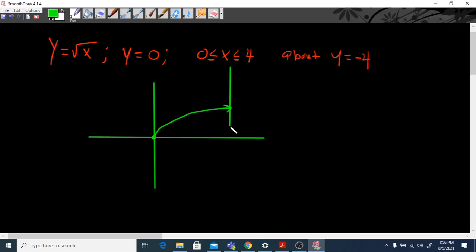Let's just say x equals 4 is right here, and we are going to rotate about y equals -4. So 1, 2, 3, -4. Okay, so this is our axis of revolution.